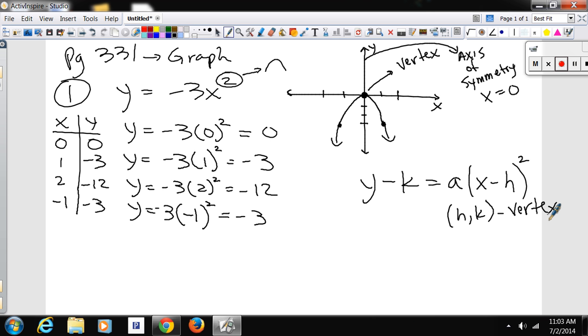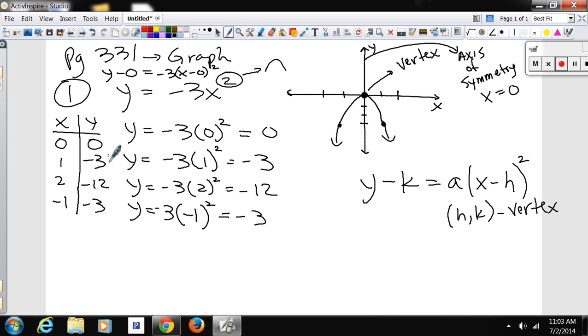So let's look at this first problem and see if we can figure out how to put this in this format. Is there anything next to the y? But there could be. We could put y minus 0, couldn't we? Isn't that the same as y? So instead of y minus k, I could actually change this to y minus 0. That's the same thing. Here's my negative 3. Could I put x minus 0 squared? Is that still going to be x squared?